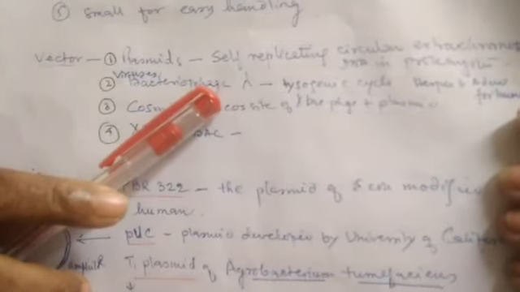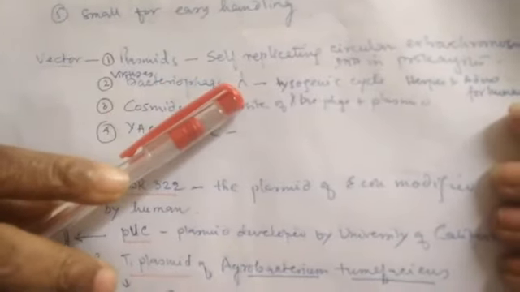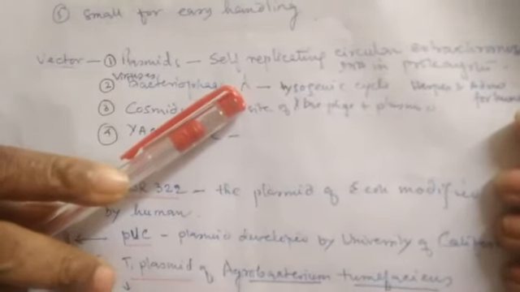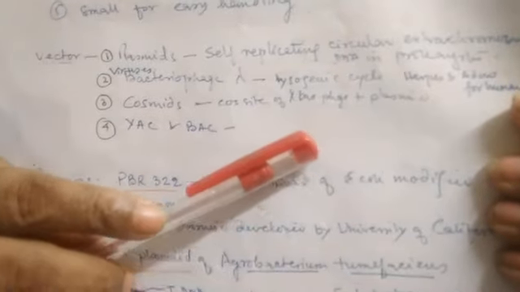Thus it can multiply itself, and this gene of interest will also multiply, so we can get a lot of the gene of interest. So the lambda bacteriophage is a very good vector. And in human beings, adenovirus and herpes virus are also used as very good vectors.